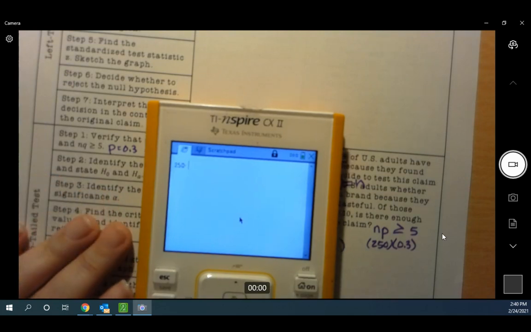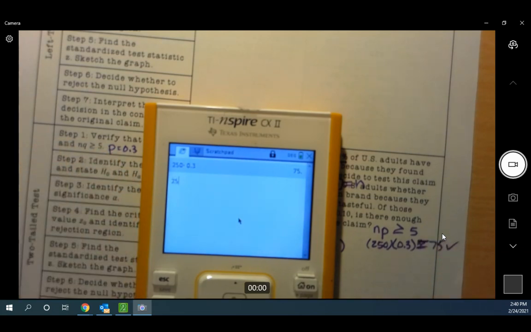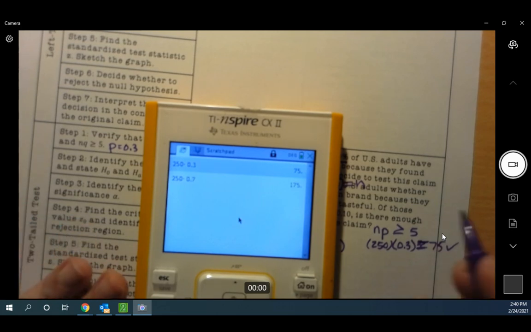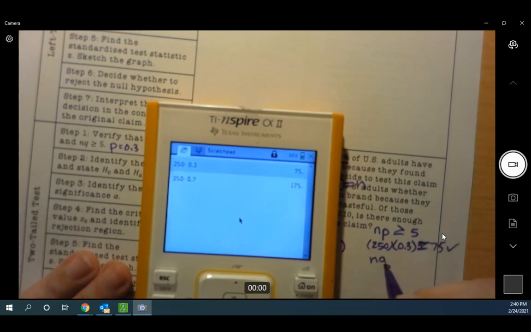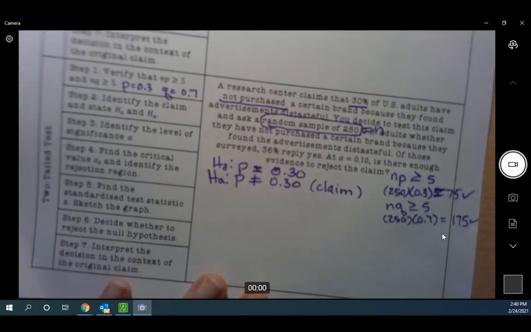So 250 times 0.3, we get 75, which is definitely bigger. And 250 times 0.7, which is 175, which is definitely bigger. So we're good on our 2 checks.